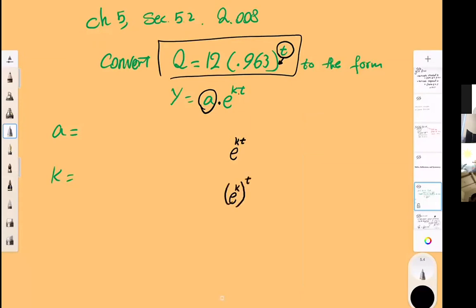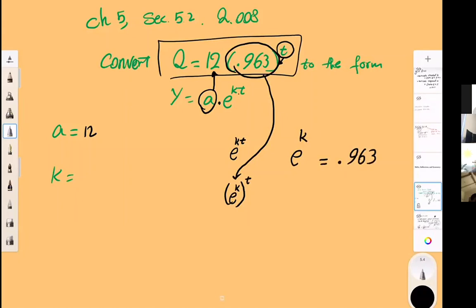So this base should be equal to this parenthesis because the top t are the same. Then a should be 12, there's nothing left. So I'm going to write e to the power of k equal to 0.963.